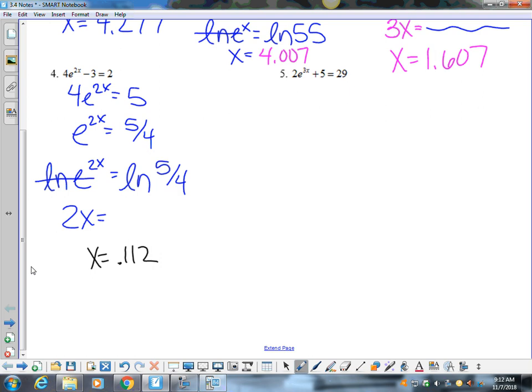What could I mistakenly do? I could put the 0.112 here and then think, oh, I need to divide by 2, when actually I've already done that. So that's why I do that little squiggly line. That's like, oh, that's that big long decimal that I don't care about because I haven't divided by 2 yet. So that's why I do that.